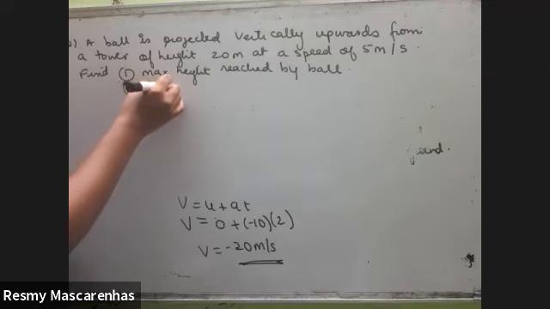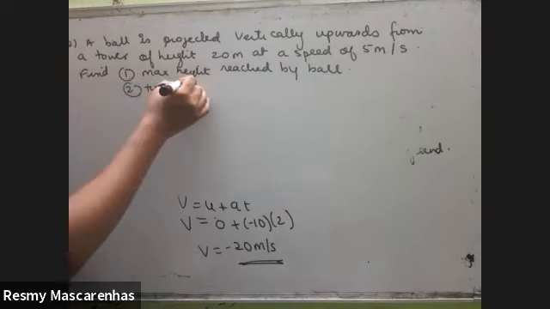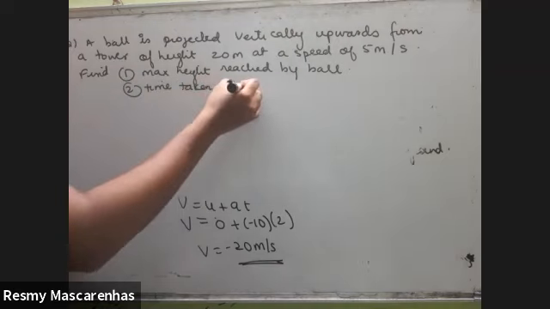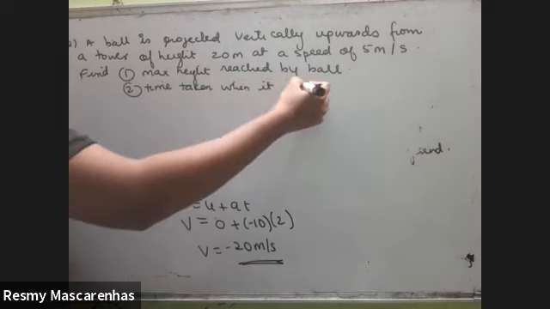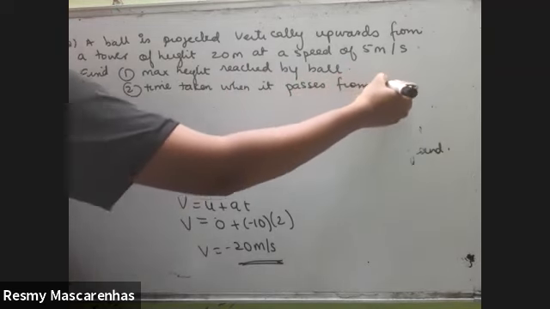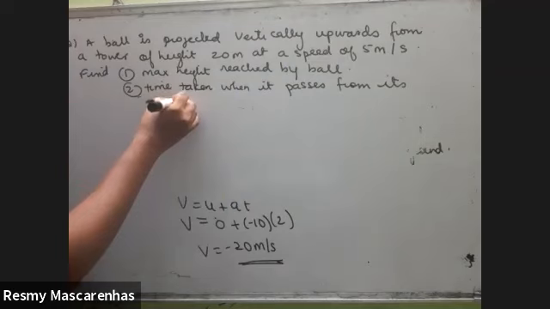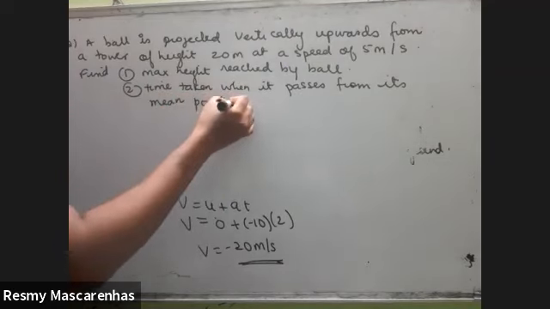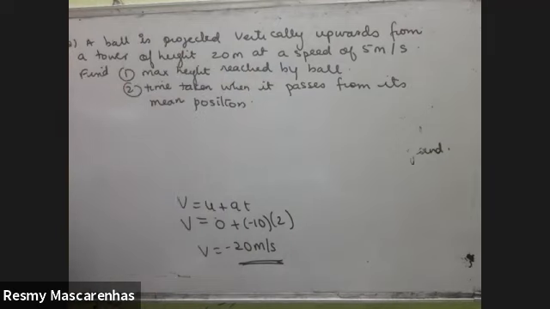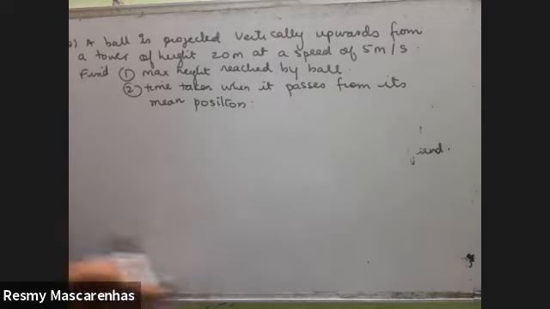Second, the time taken when it passes from its mean position. A ball is projected vertically upward from a tower of height 20 meters at a speed of 5 meters per second. Find the maximum height reached by the ball and the time taken when it passes from its mean position.